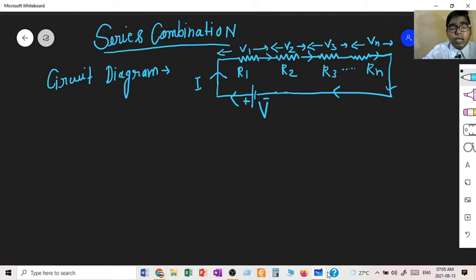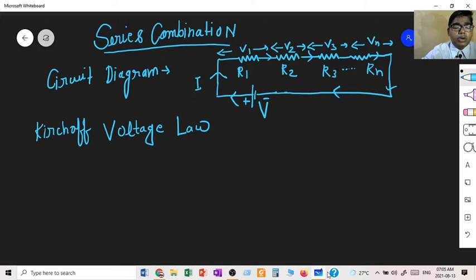So as per Kirchhoff voltage law, and what is Kirchhoff voltage law? In brief, it is called KVL.